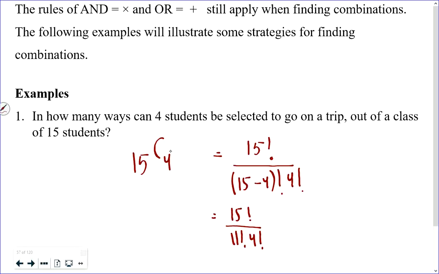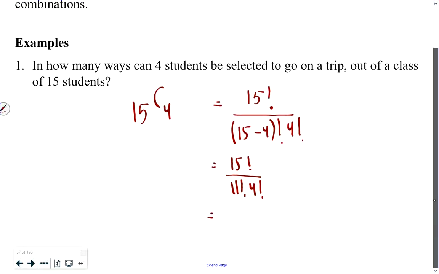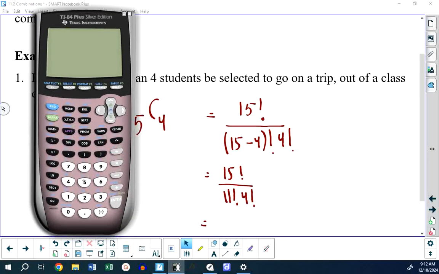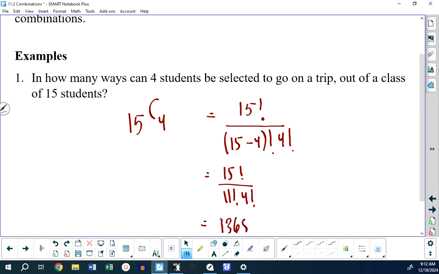Or you could just cut to the chase and use your calculator by entering 15, choose, and this, I'm sure you've seen it when we're working with nPr, choose, what were we choosing? The answer is 1,365. We're okay with example 1?